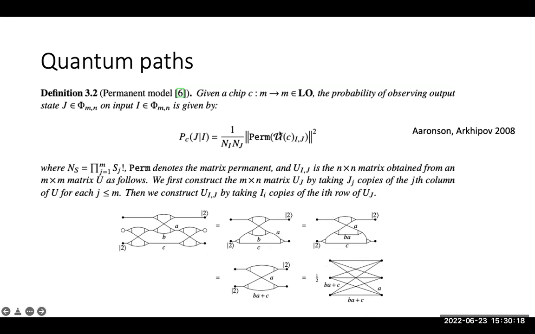So the modification of U of C with respect to I and J is always going to be an n by n matrix, where n is the number of photons. So at the end, we can always take any QPath diagram that is closed, so that has input and output specified, and turn it into a weighted bipartite graph, which corresponds to basically this matrix U_IJ.